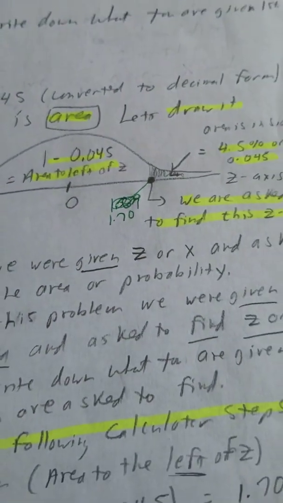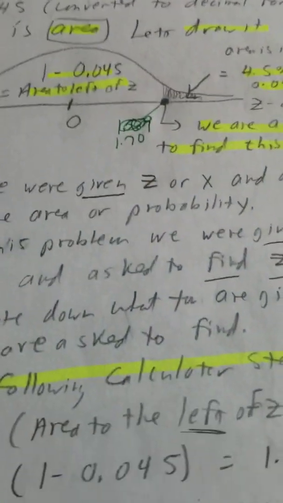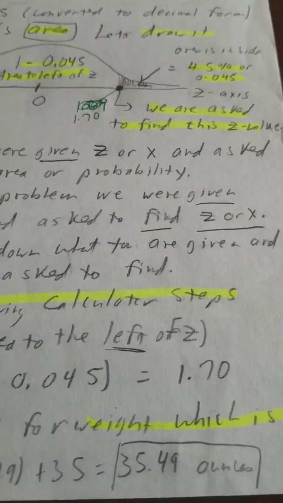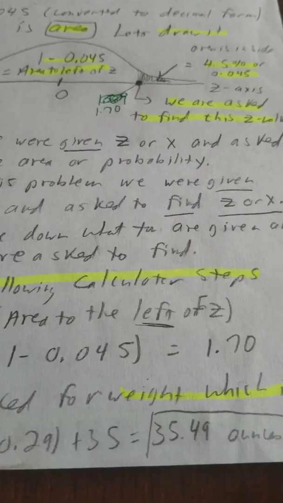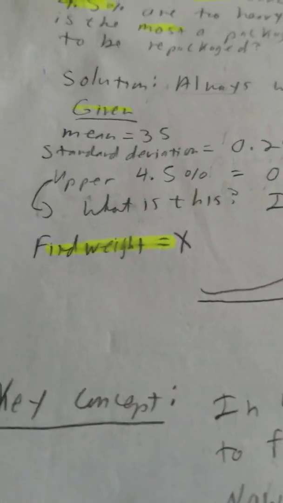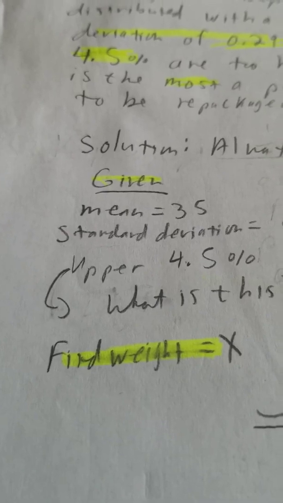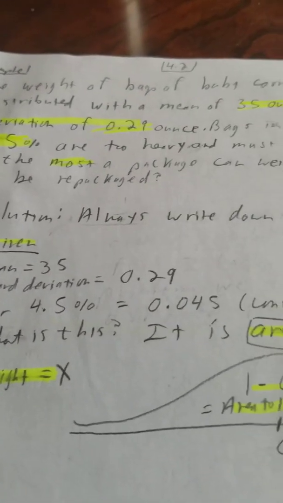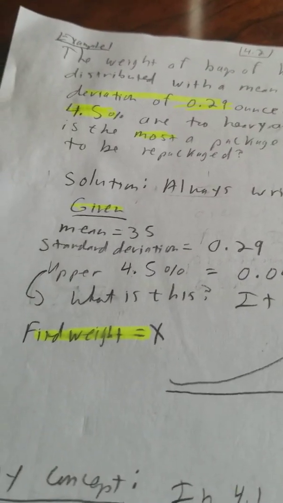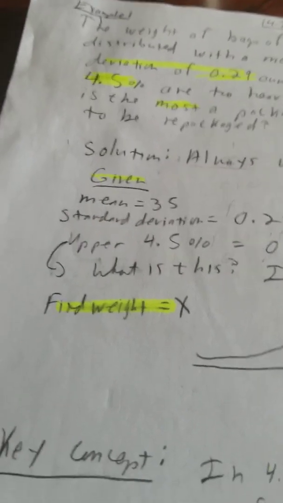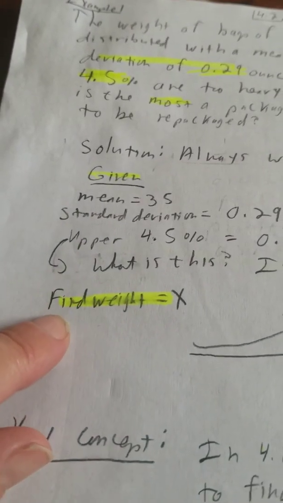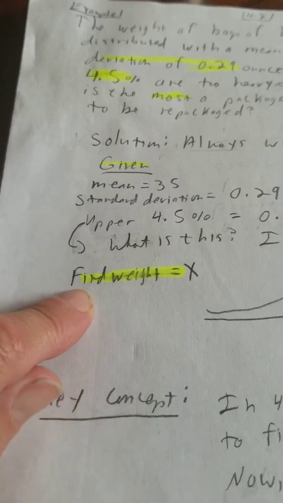The 5 tells us to round that up. 1.70 is rounded to 2 decimal places. And that's our z value, but we were asked to find what? Weight. It says, what is the most a package can weigh and not have to be repackaged? So we're asked to find weight, okay? Hopefully you're looking back at your paper and it says to find weight.